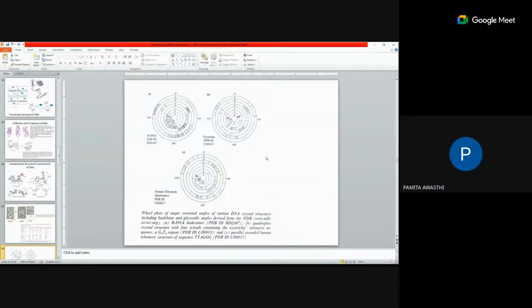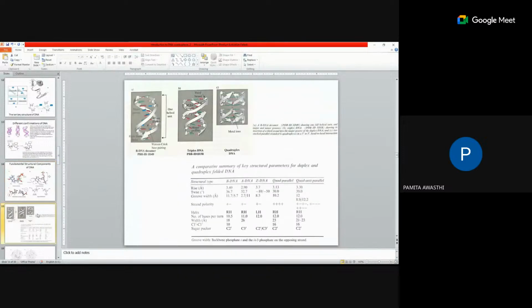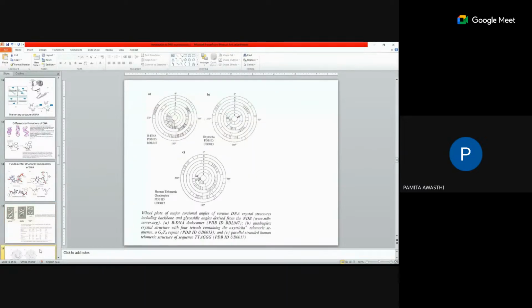So these are X-ray crystallographic studies on the various DNA structures of the human and other species also, whether it's a plant or animal. And what we could conclude out of it is that it is the flexibility in these dihedral angles which is the key factor in how the quadruplexes are formed, how they are held together, how they fold, and how the supercoiling takes place in the DNA.